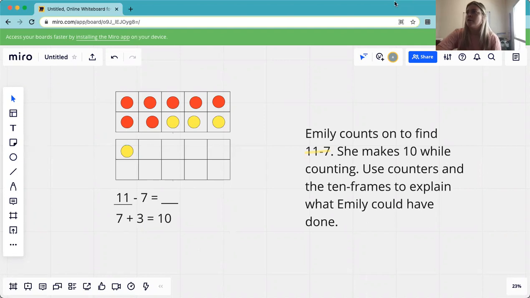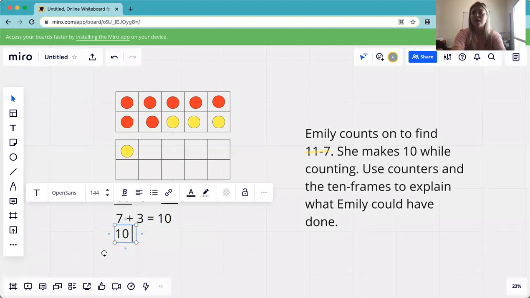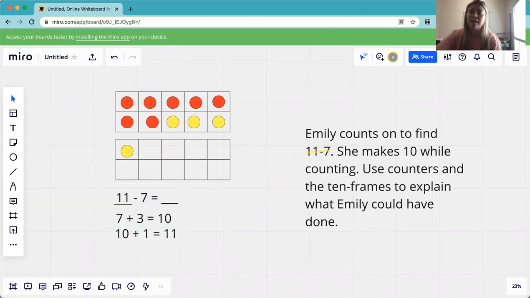Now I have 11 here. So I know that I had 10 at the top plus 1 equals my whole of 11. So 10 plus 1 equals 11.